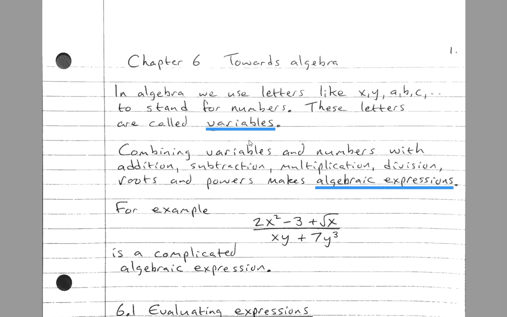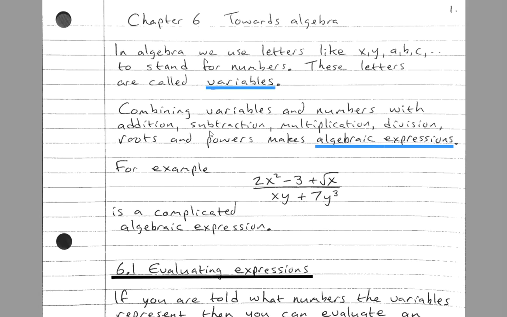And these letters are called variables. All right, and we just deal with them like we deal with usual numbers, combining them with addition, subtraction, multiplication, division, roots, and powers.